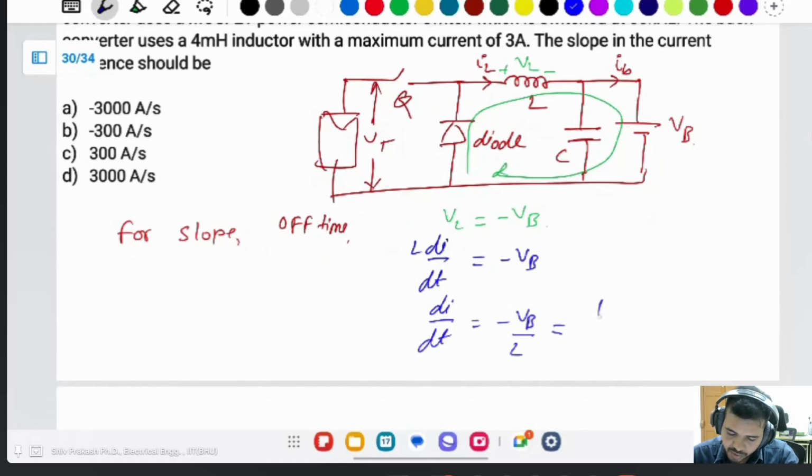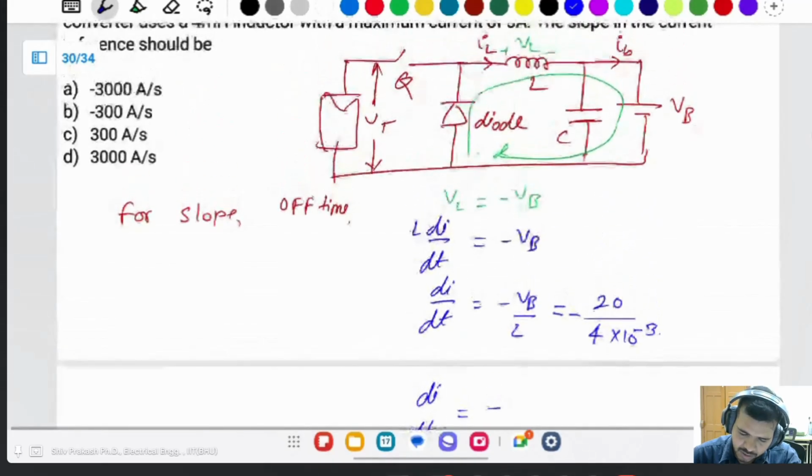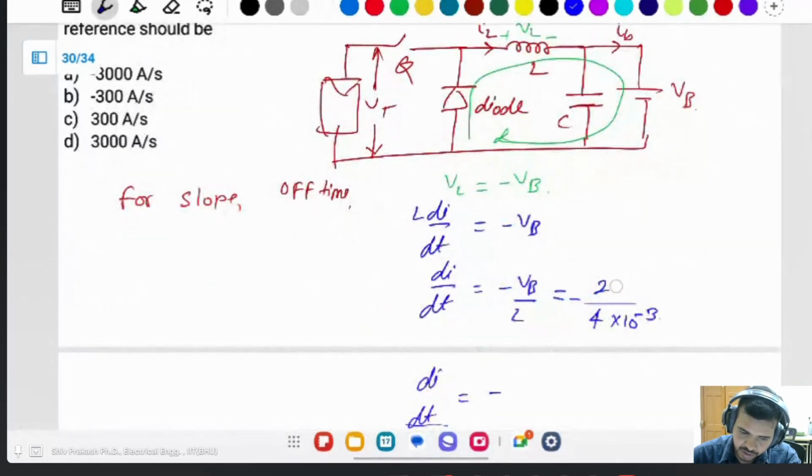Voltage is given as 12 volt. For the slope, 12 volt divided by L, 4 millihenry, 4 into 10 to the power minus 3. Twelve volt, I think, not 20 volt.